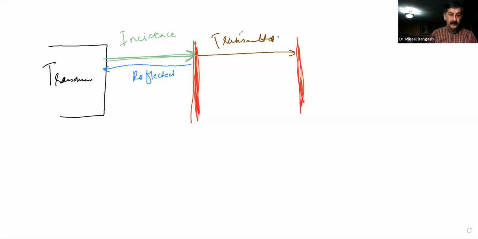Now what we did yesterday, we said the amount of energy that was going to be reflected back from the incidence is mainly dependent upon the impedance of the tissue.